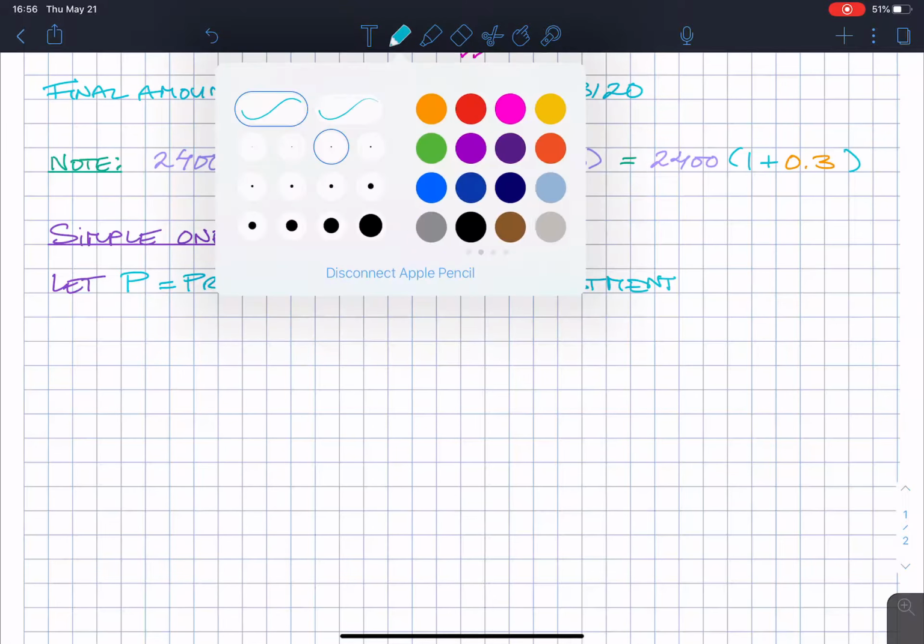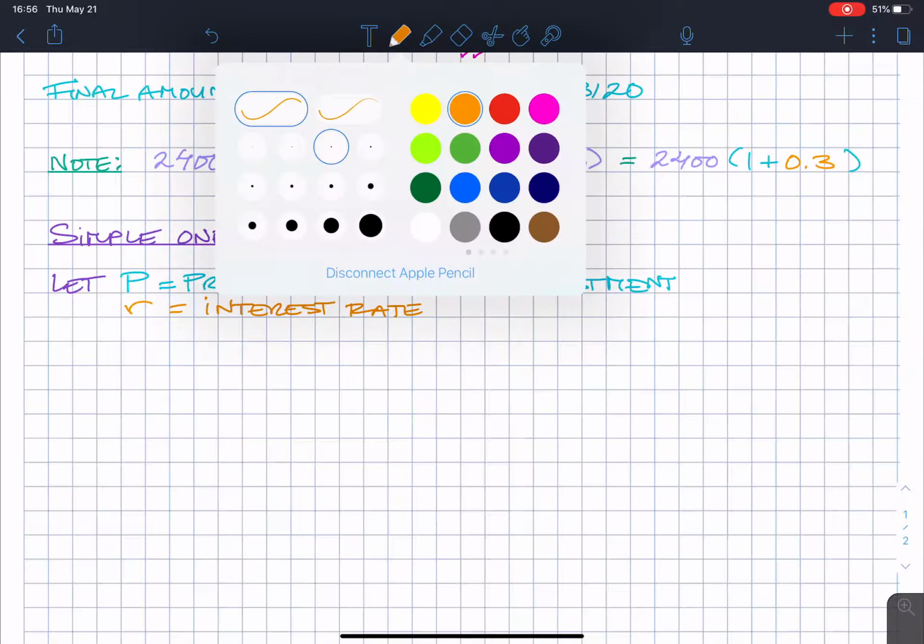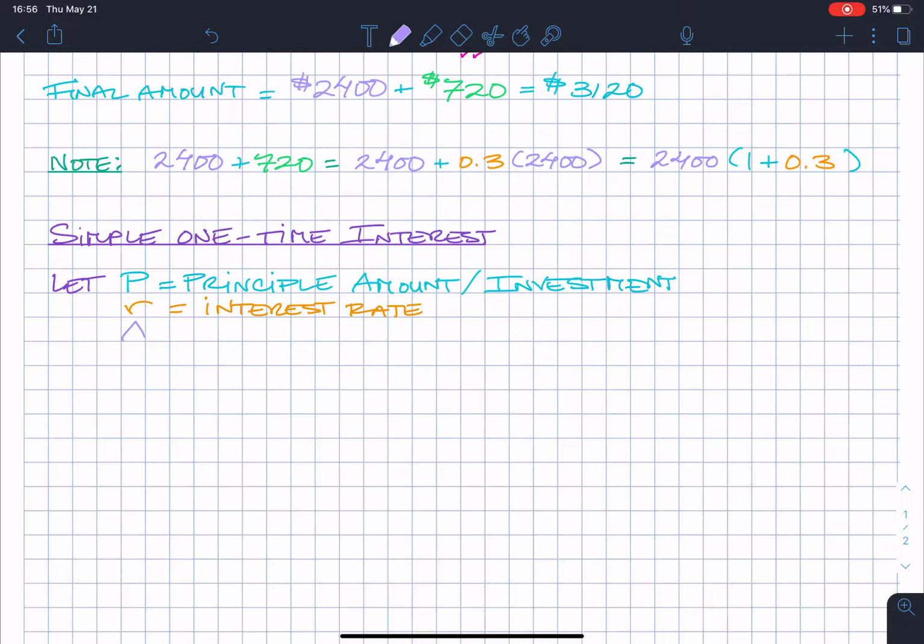I'm going to let little r be equal to the interest rate. And we'll let A be the final amount.